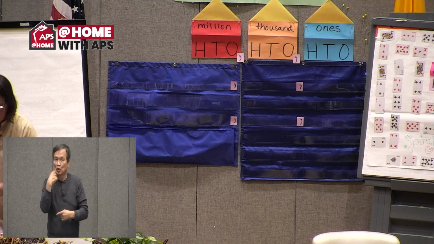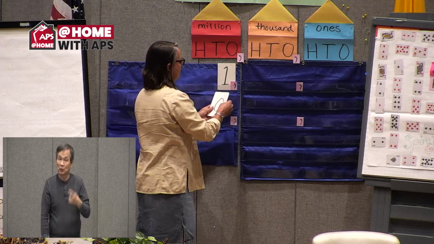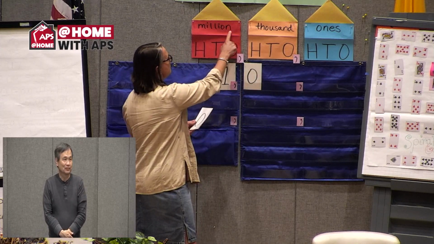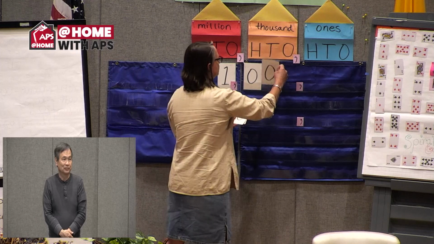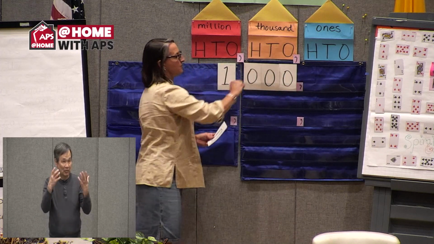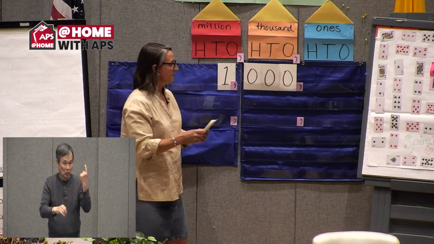So let's go ahead and look at what 1 million looks like on our place value houses. So 1 million. How many from the thousands house? None. So we don't say anything.